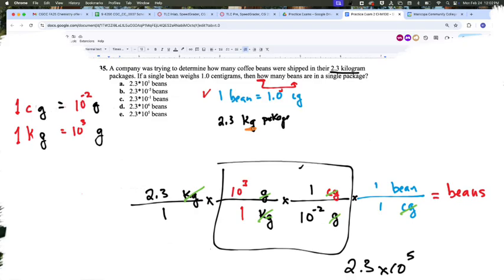I switched the centigrams and the grams, and I got 23 beans, which is not correct. But is it okay? No, it's not okay, because you got it wrong.